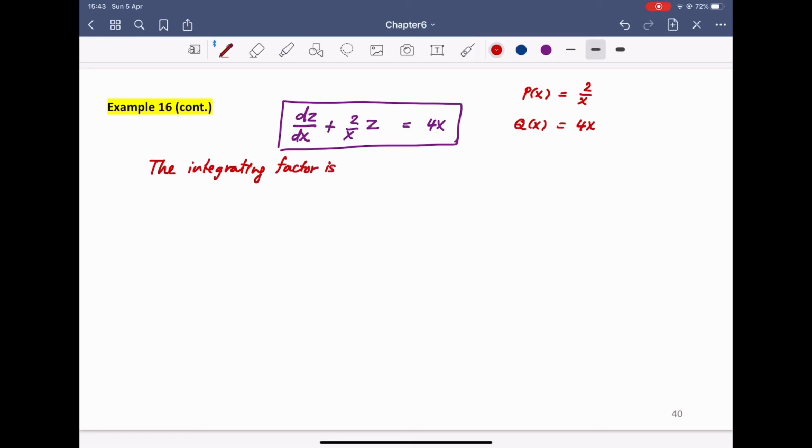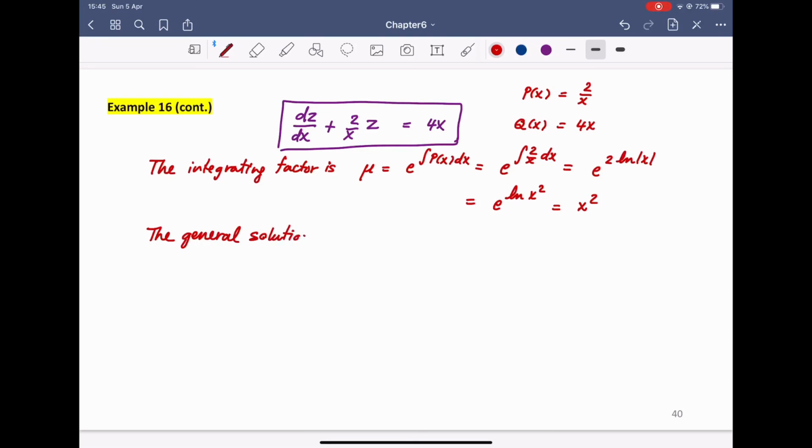The integrating factor is mu equal to e to the integral of p(x) dx, which is e to the integral of 2 over x dx, which is e to the 2 log absolute x. That is e to the log of x squared, and that is just x squared. Now we have mu equal to x squared. The general solution is c equal to 1 over mu times the integral of mu q(x) dx plus c, which is 1 over x squared times the integral of x squared times 4x dx plus c.